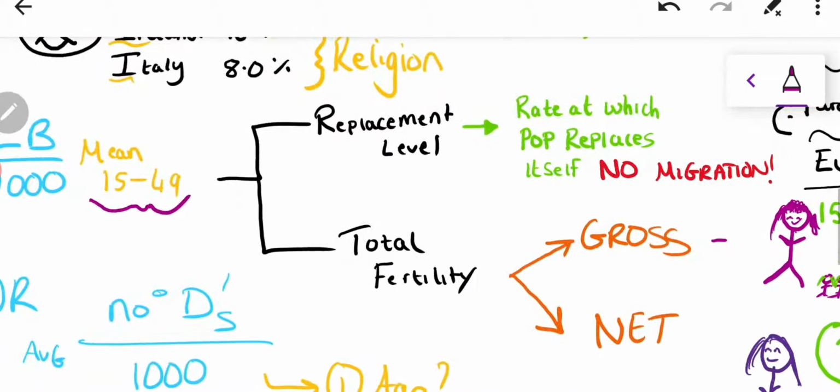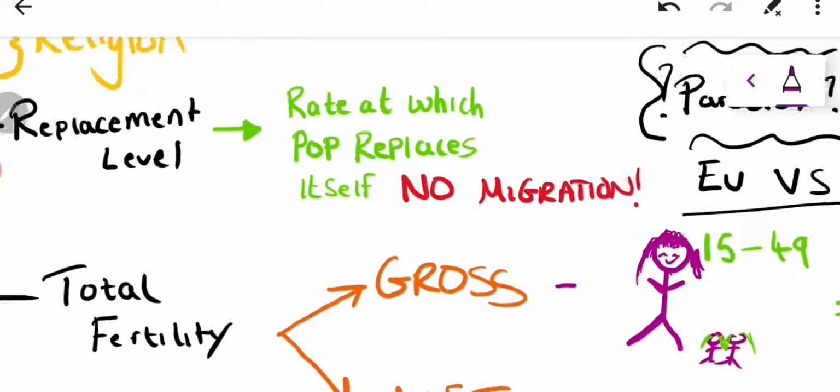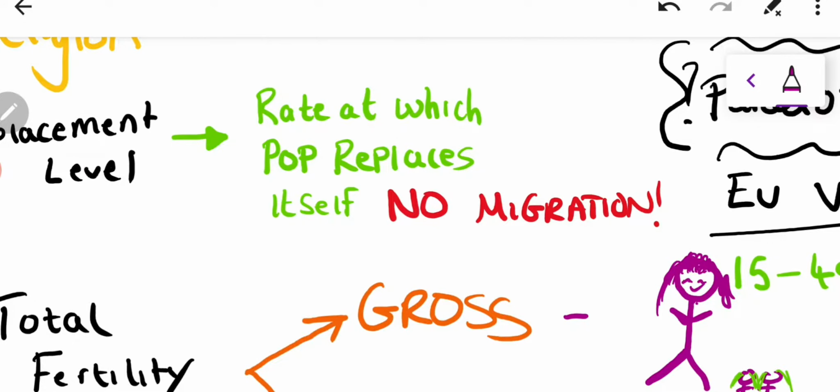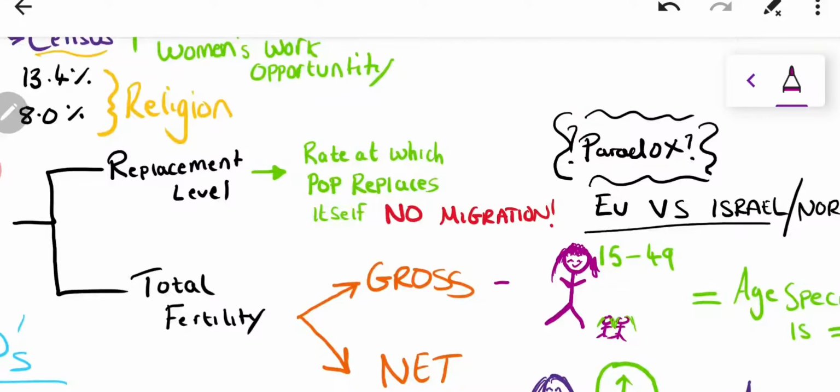What I've done here is split up the definitions that you'll be required to know. I split up replacement level and total fertility. When we talk about replacement level, we're talking about how many kids we need to have in that year so that we basically replenish the previous fertility level.